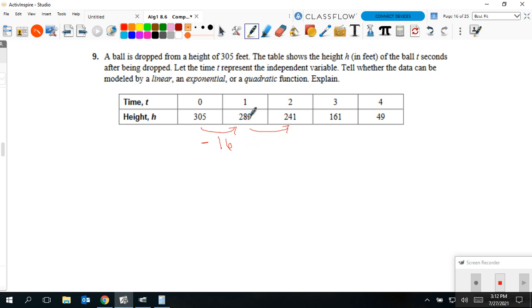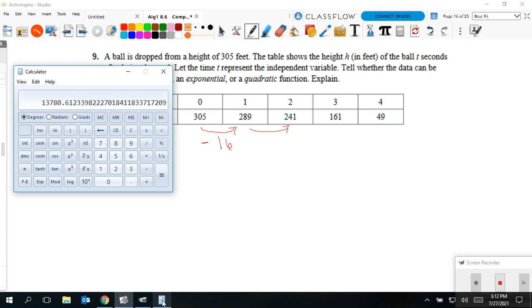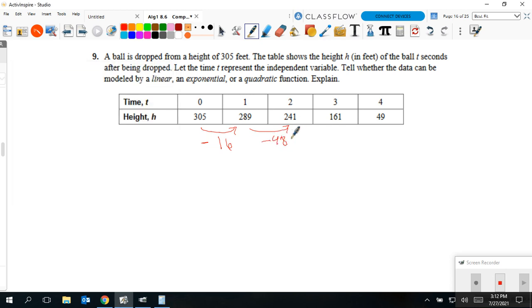Is it 50? Now you can always just check it. I'm trying to do it in my head, but I'm going quick. 289 minus 241, it's 48. So yeah, it's 48. I was thinking 50, but I went the wrong way with my 9 and my 1. So going down 48.